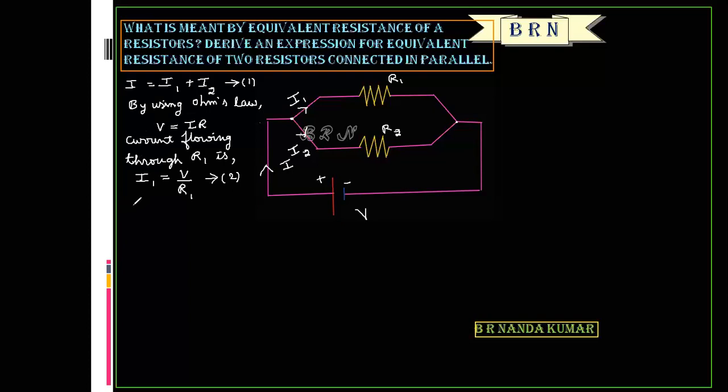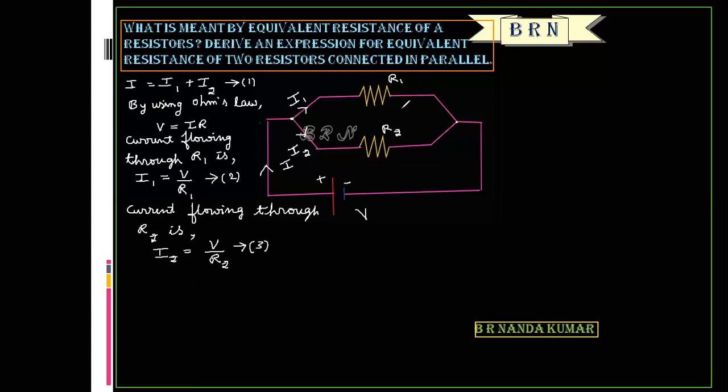The current flowing through R2 is I2, which is equal to V divided by R2. Call this equation number 3.